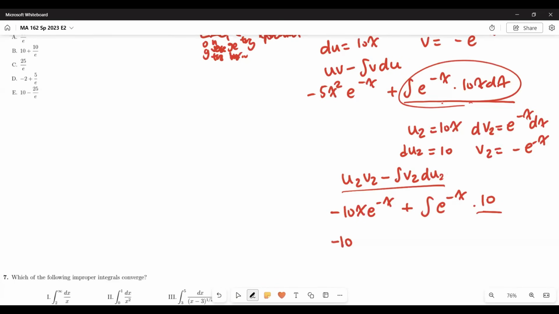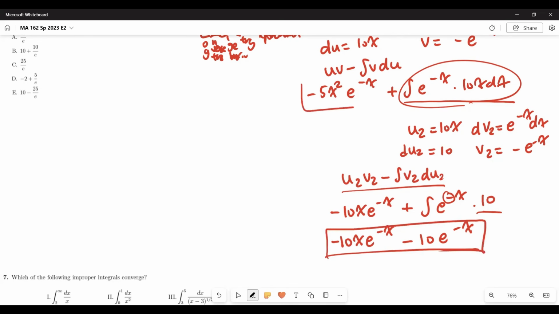So this will be negative 10x e to the negative x, plus, oh, this will be negative 10 e to the negative x because there's a negative sign on the power. And now you have to add this part and that part. So let's write it in here. Negative 5x squared e to the negative x minus 10x e to the negative x minus 10 e to the negative x. Okay, we have that.